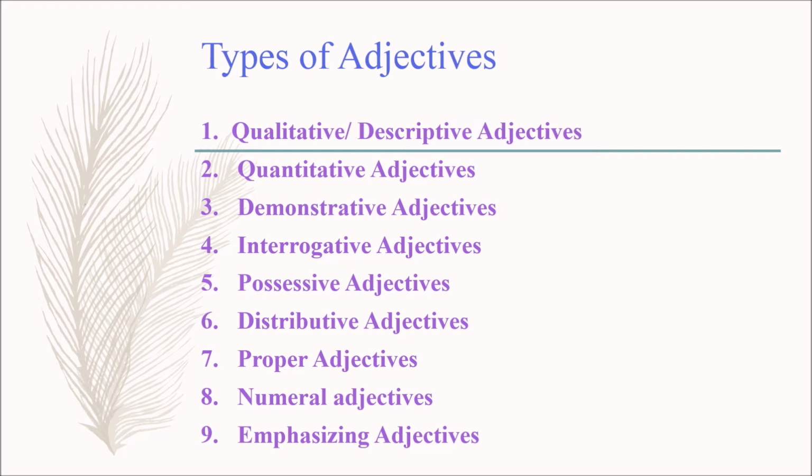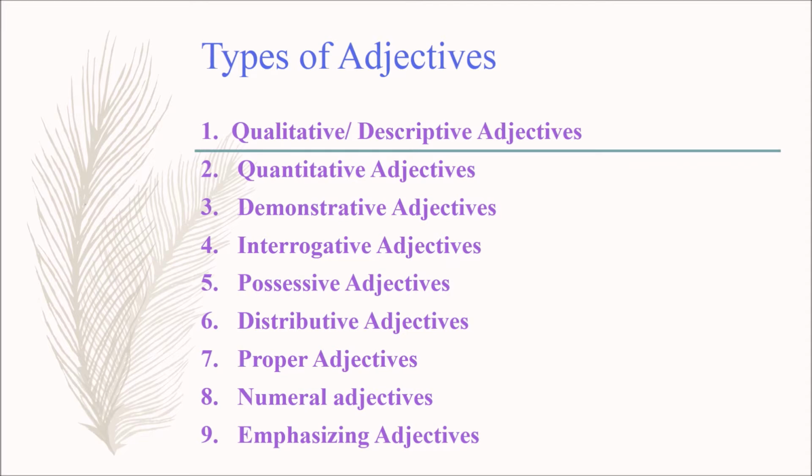Next, we are going to learn about types of adjectives. The first type is qualitative or descriptive adjectives, second is quantitative adjectives, third is demonstrative adjectives. Fourth type is interrogative adjectives.